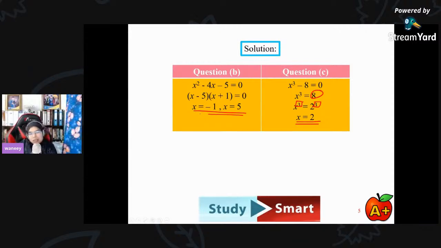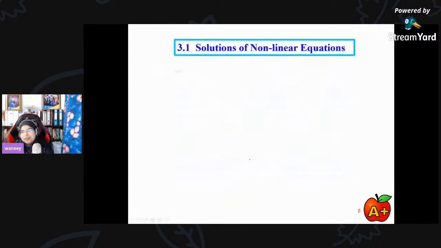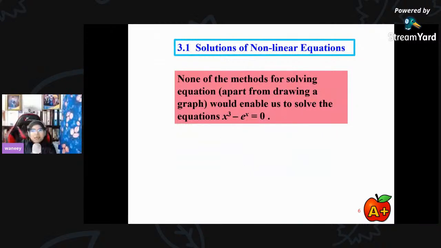So now we might ask ourselves, what if we have x cubed minus e^x equal to 0? Can we get the value of x? Boleh cari tak macam mana nak cari nilai x? Okay, so basically, none of the methods for solving an equation, apart from drawing a graph, would enable us to solve the equation x cubed minus e^x equal to 0.